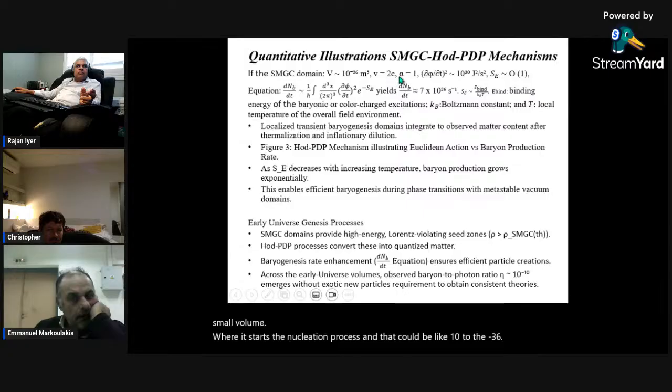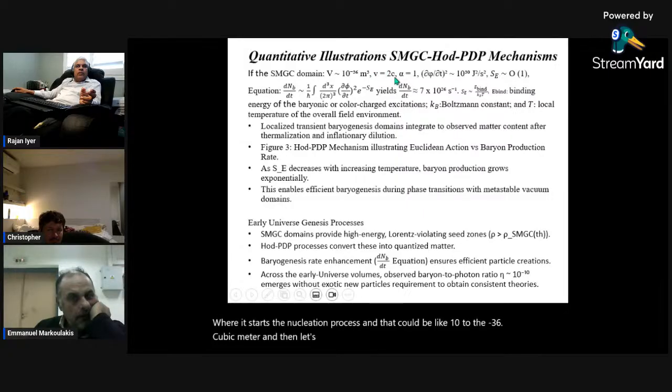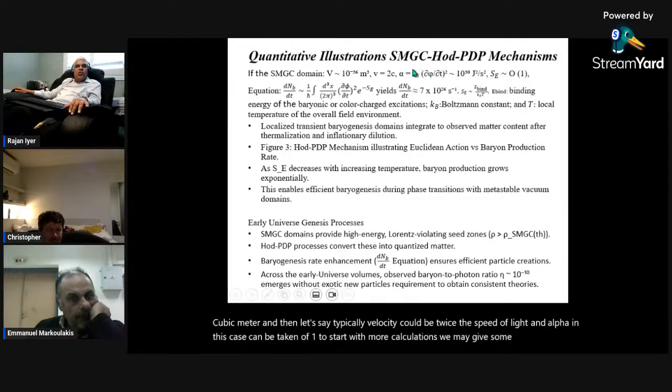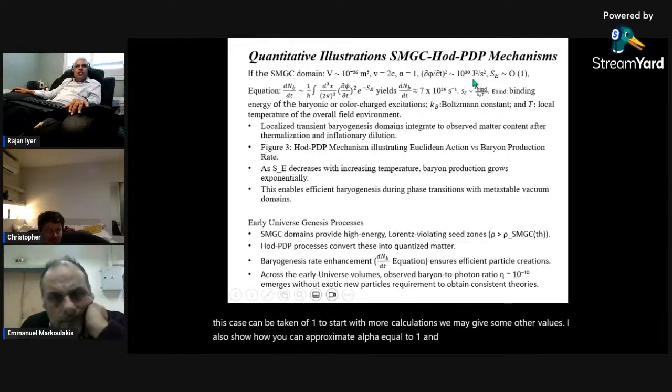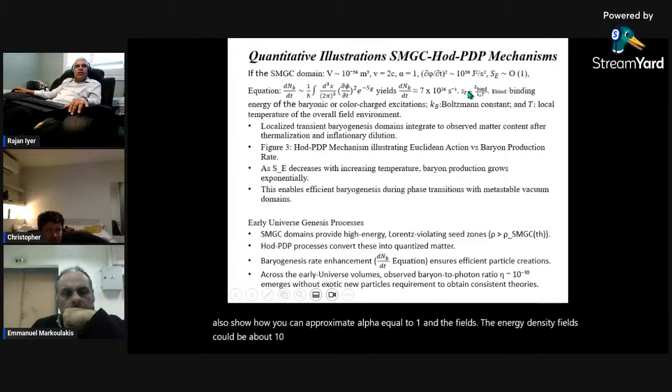And then let's say typically velocity could be twice the speed of light, and alpha in this case can be taken to be 1 to start with. With more calculations, we may give some other values. I also show how you can approximate alpha equal to 1. And the energy density fields could be about 10 to the power 30 joules.